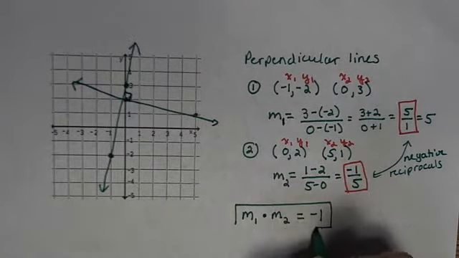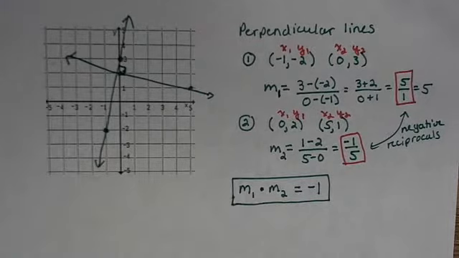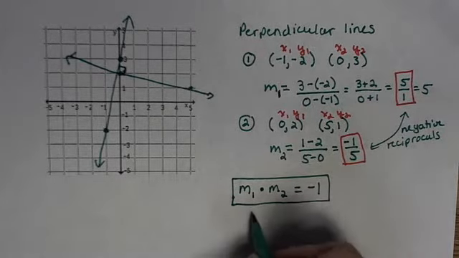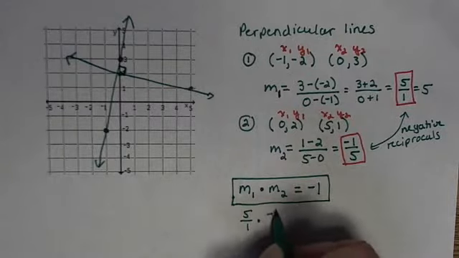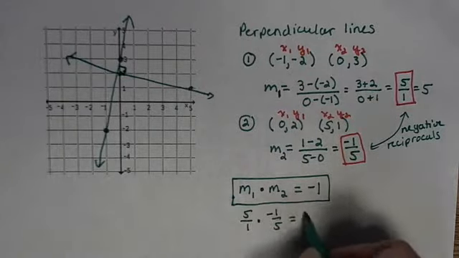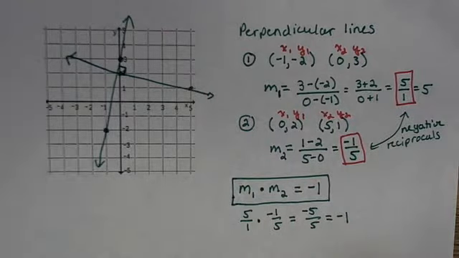And this is a little fact that's always going to be true when you're dealing with perpendicular lines. So look at this example. 5 over 1 times negative 1 over 5 is negative 5 over 5, which is negative 1.